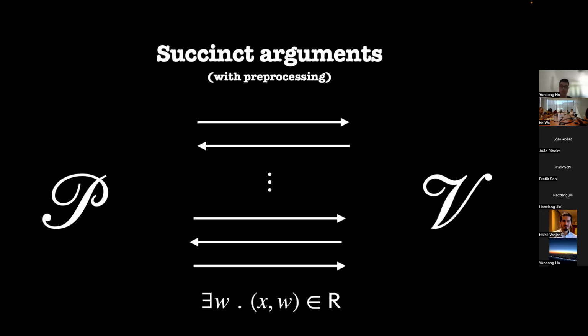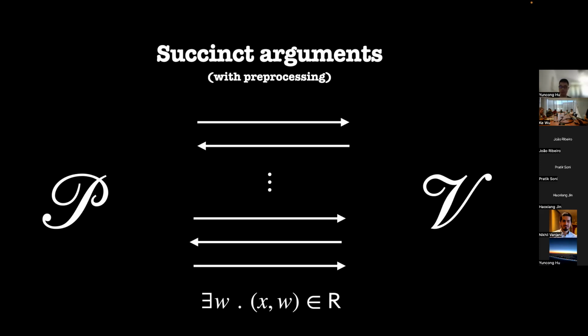More importantly, we're also interested in pre-processing succinct arguments, which means that before the prover and the verifier interact with each other, there may be a pre-processing step that takes the statement as input and outputs some public string or public parameter, and this helps accelerate the verification process.